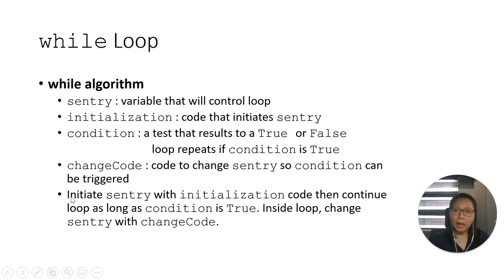While we initiate sentry, which is the variable that will control the loop: initialize sentry with initialization code, then continue the loop as long as the condition, which contains the sentry, is true, and inside the loop, change sentry with change code. This is the general algorithm of the while loop.